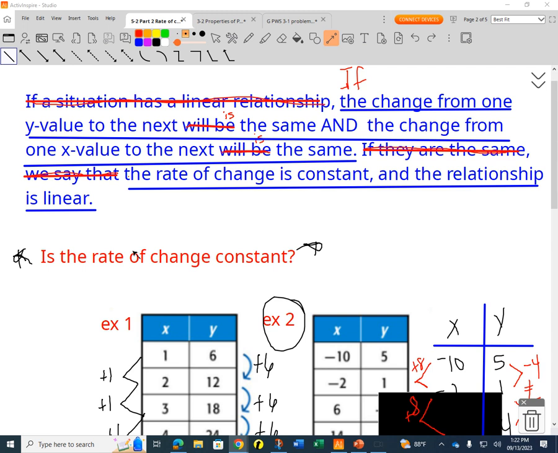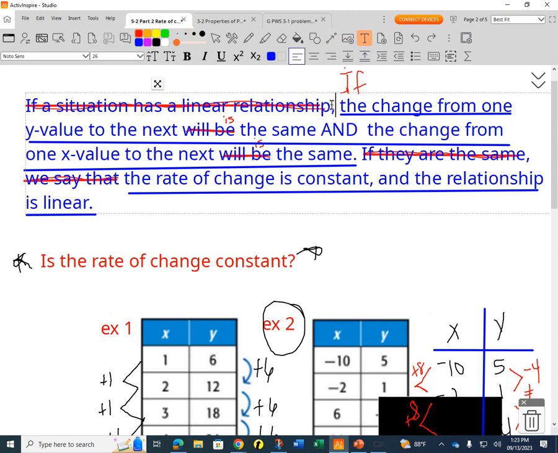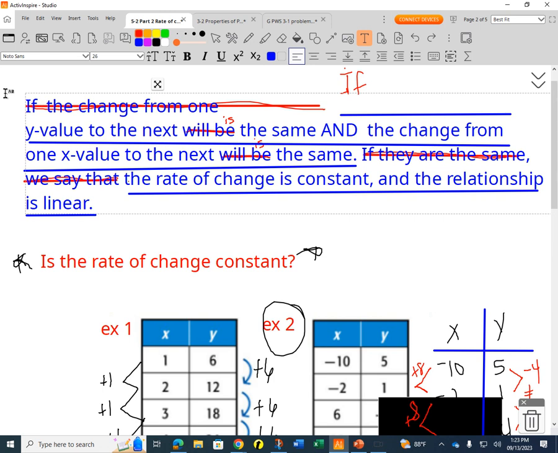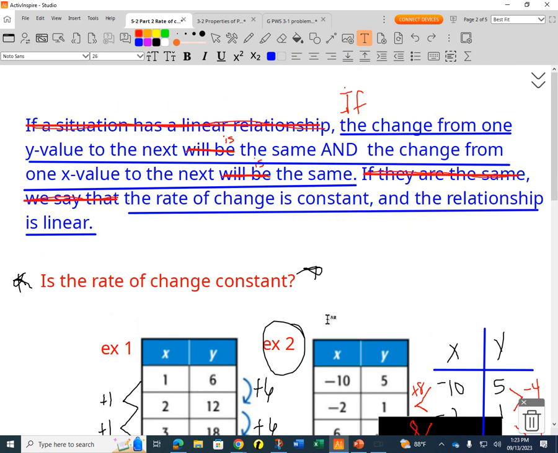Faith, are you done? I'll wait and fix it later. Anybody need more time?